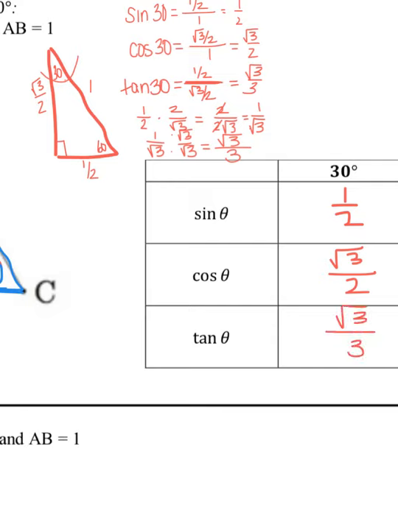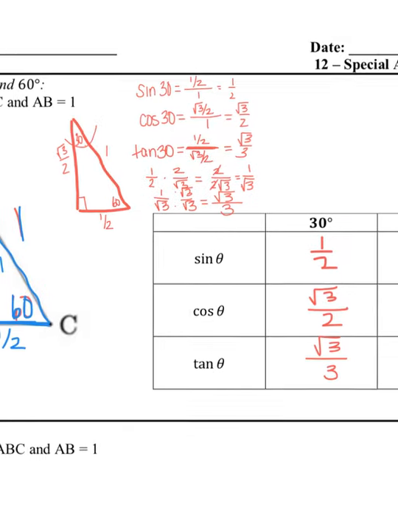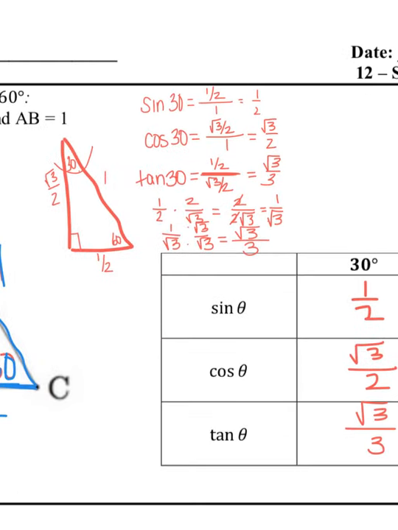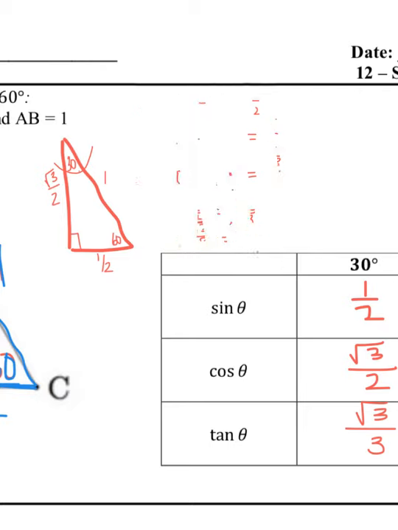Okay? Now we're going to do the same thing, but with 60 degrees. So I'm going to clear out what I have in red, and I'm going to highlight and use blue. That way we can make sure we're looking at 60 degrees instead. Okay, so 60 degrees, again, I'm going to highlight the angle in blue here.